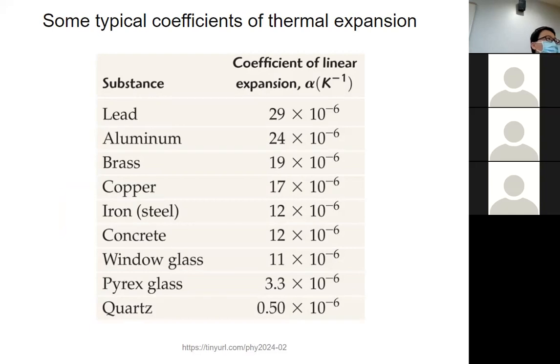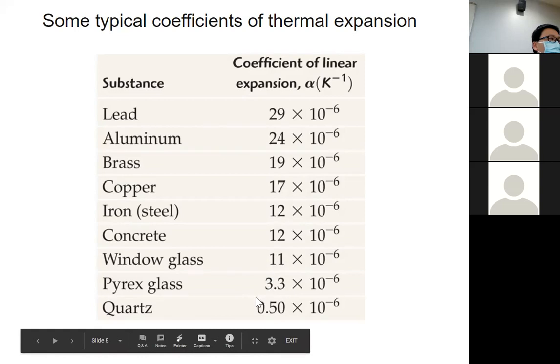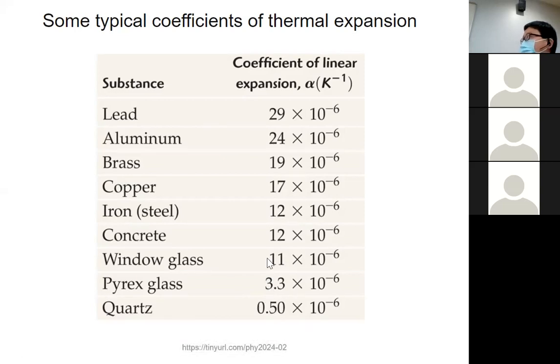You can see from the table here that metals expand or shrink more significantly than other materials, so they have a higher coefficient of expansion, and other materials have a lower one. But these coefficients of linear expansion are on the order of 10 to the -6, so they are relatively small numbers.